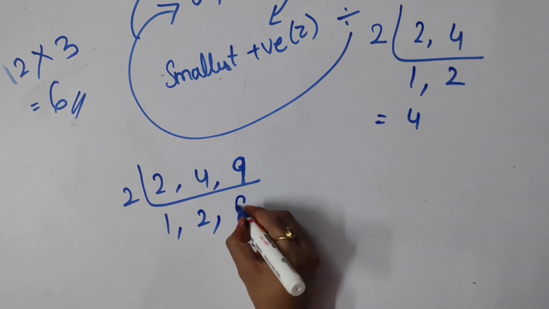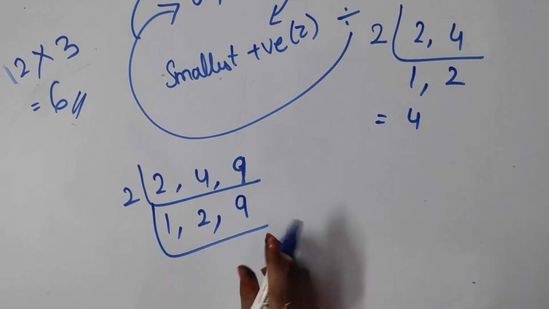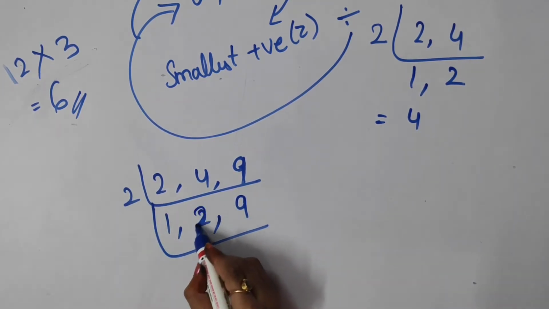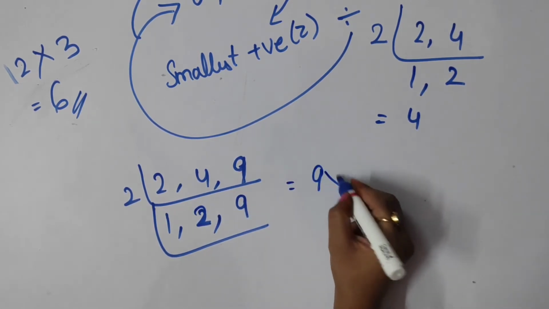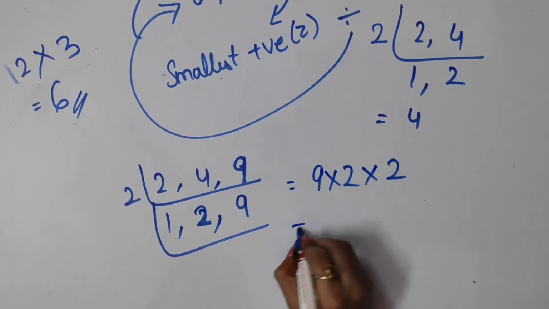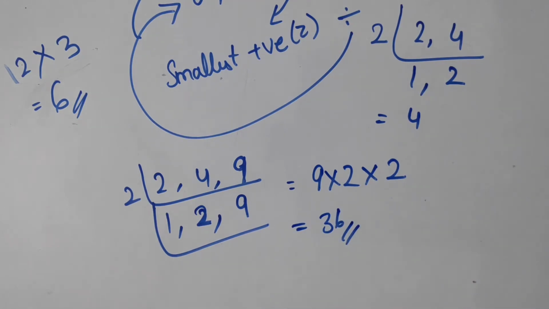So that's the reason I'm going to write 9 as it is. And now there are no common numbers. There is no common number between 2 and 9. So that's the reason 9 into 2 into 2. So the answer is 36, which is the LCM for these three numbers.